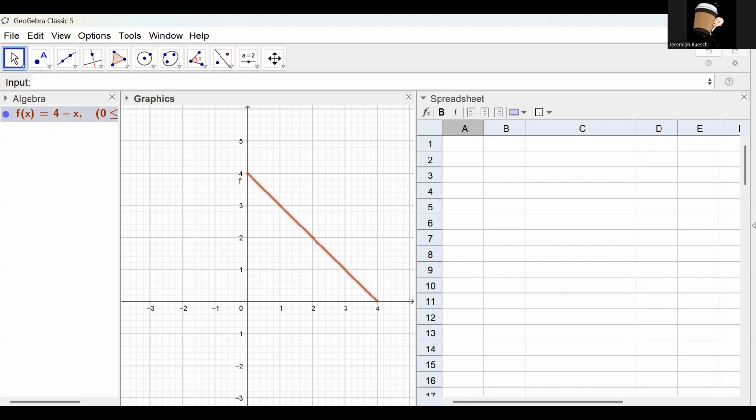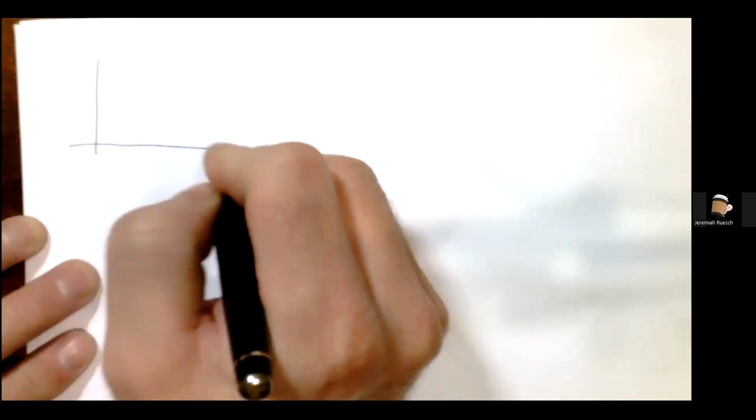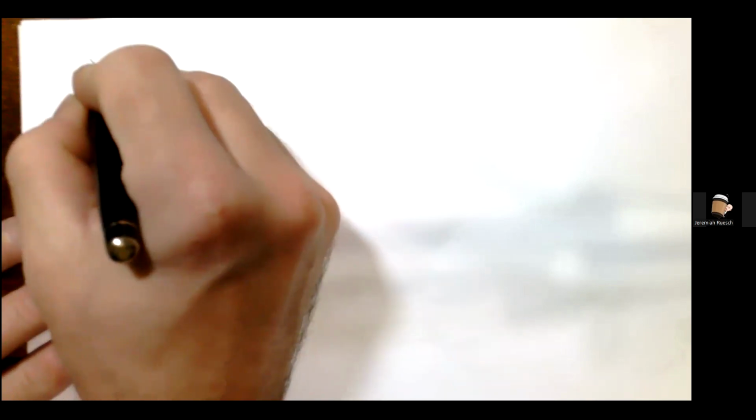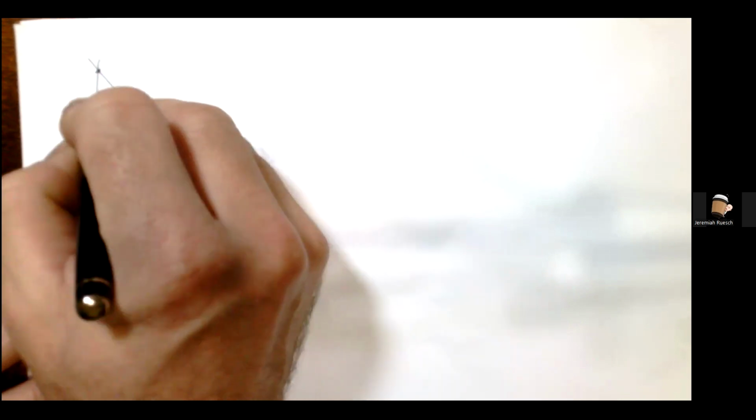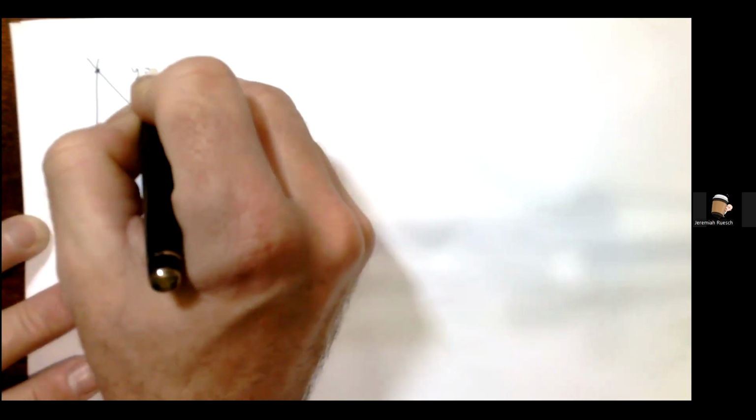So I want to take a moment just to create a visual for what we're doing here, and then extend that visual to what we're calculating with respect to the values here. So if I hop over here real quick and sketch the graph, so this is y equals 4 minus x.